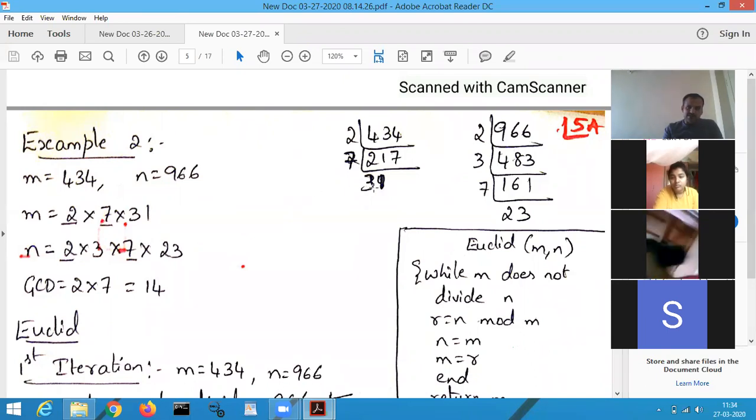Similarly, between 7 and 31 we have many prime numbers. I need to test for every prime number in between 7 and what? 31. That's why the school level algorithm requires more divisions compared to Euclid's algorithm.